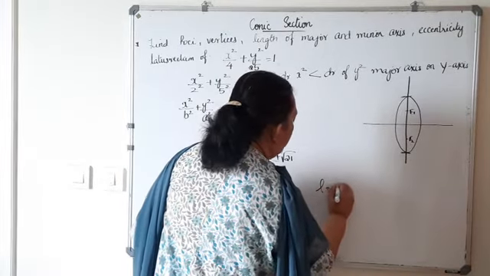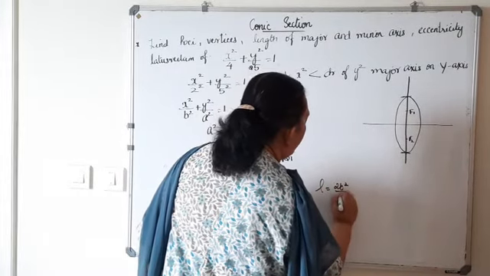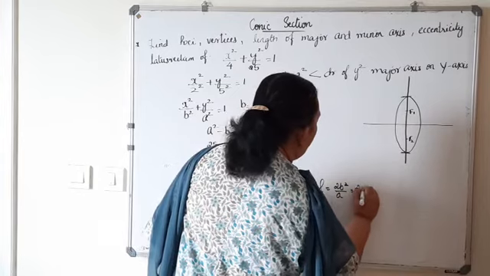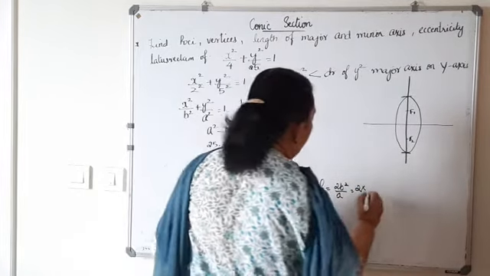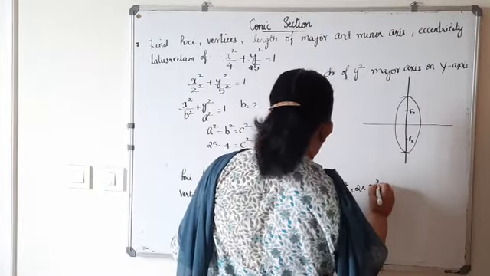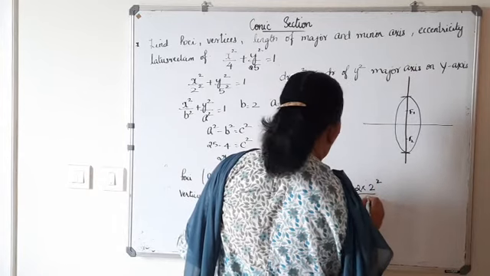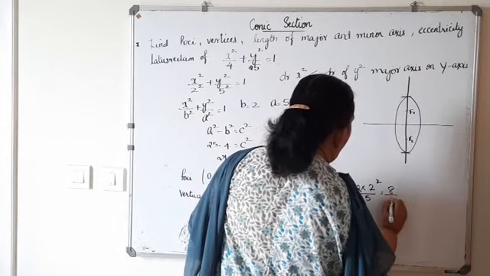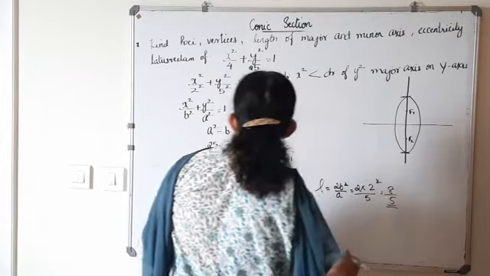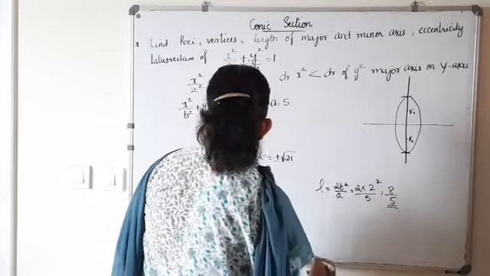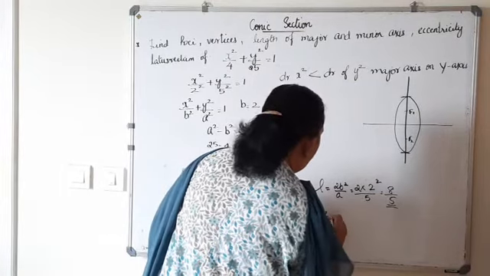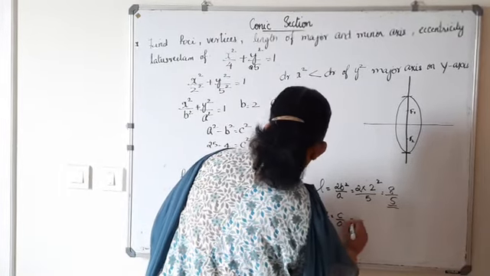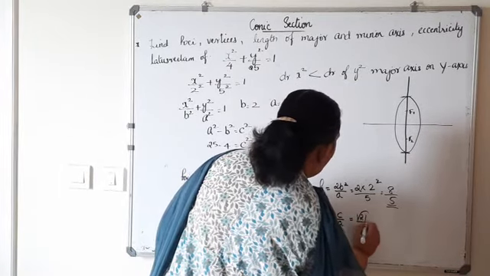Latus rectum is 2b squared by a. 2 into, what is b squared? 2 squared by a, 8 by 5. Eccentricity c by a, root of 21 by 5.